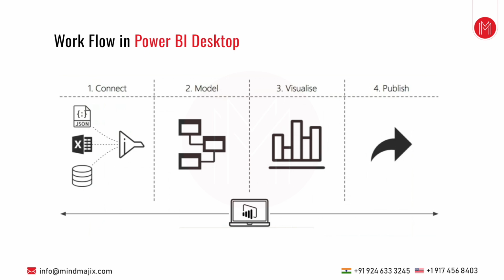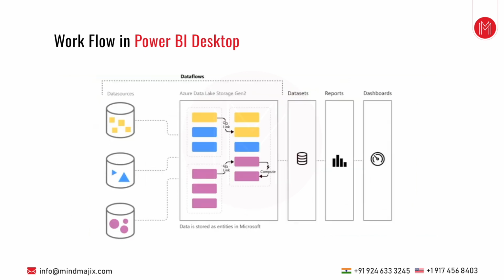Next, this diagram will give you a little idea of how it works. There are three different data sources here, in different colors and different shapes. All three are from different file sources. Let's suppose one is an Excel file, one is a SQL server, and one is an Oracle or IBM server.